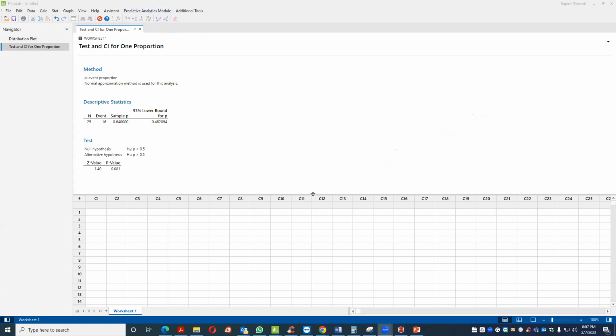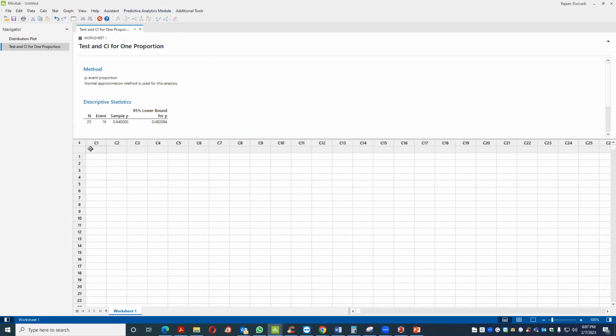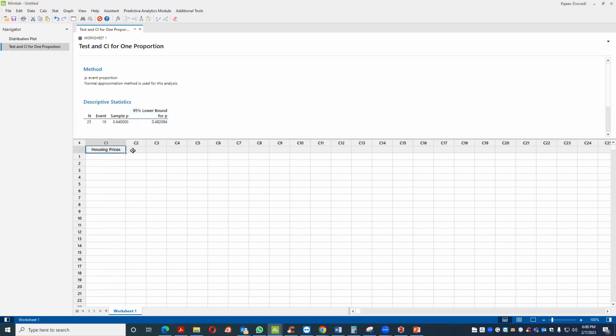Okay. So let's say the biggest or most important thing going on in the US market is housing prices. So I'm just creating data, and let's say this is square feet in a particular area, so we can predict the value of our house.